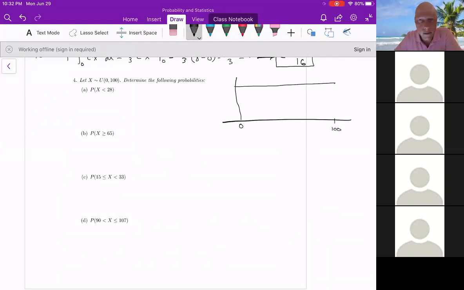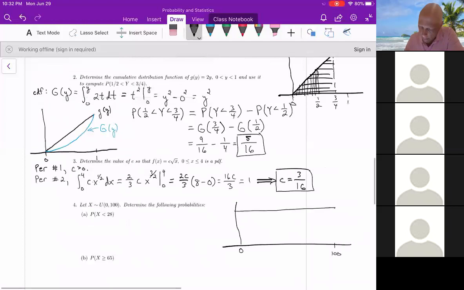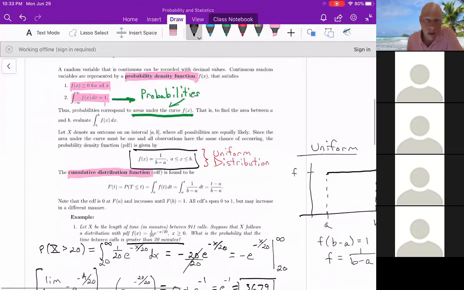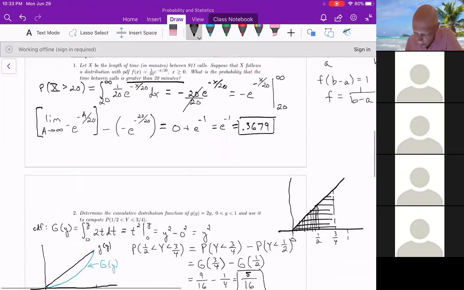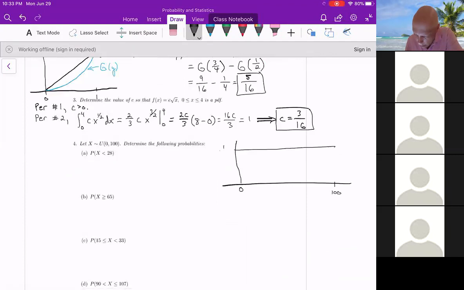Looks like that. And according to the f of x boxed out up here, we know that the height of that horizontal line is going to be 1 over b minus a, where b is 100 and a is 0, which means this height is 1 over 100.